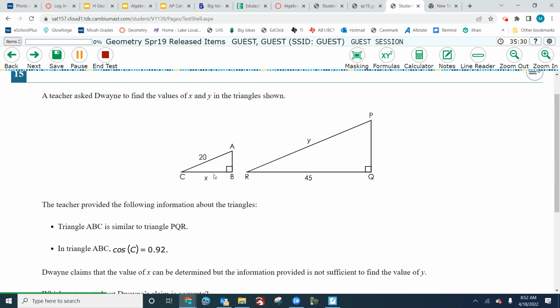So if they did x over 20, do you guys think the cosine of R is going to have the same ratio as the cosine of C? Let me say it again. Will the cosine of R have the same ratio as the cosine of C if these triangles are similar?